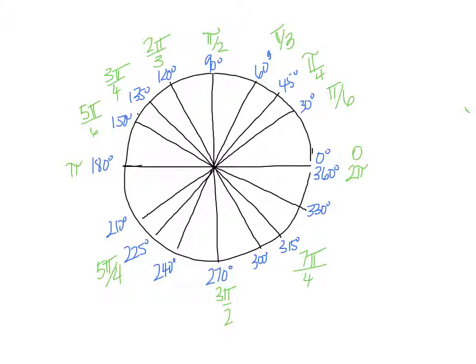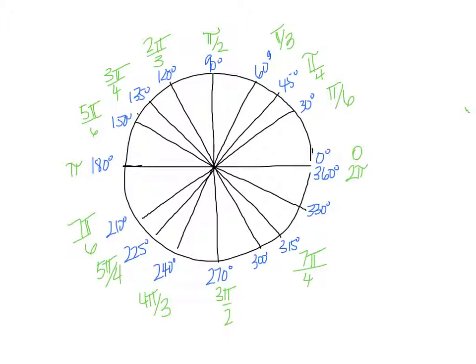What about 210? 7 pi over 6. 240? 8 pi over 6 reduces to what? 4 pi over 3. All right, so that was 8 pi over 6. What about 270? 9 pi over 6, which is 3 pi over 2.